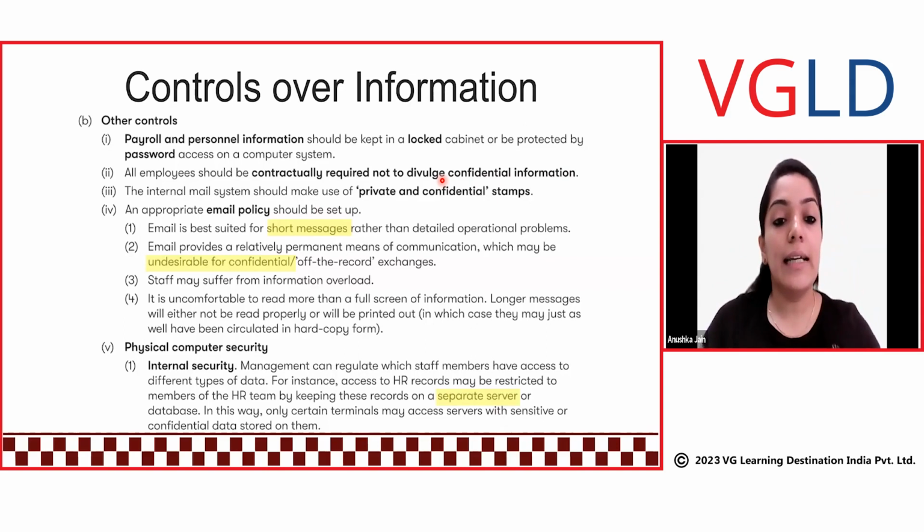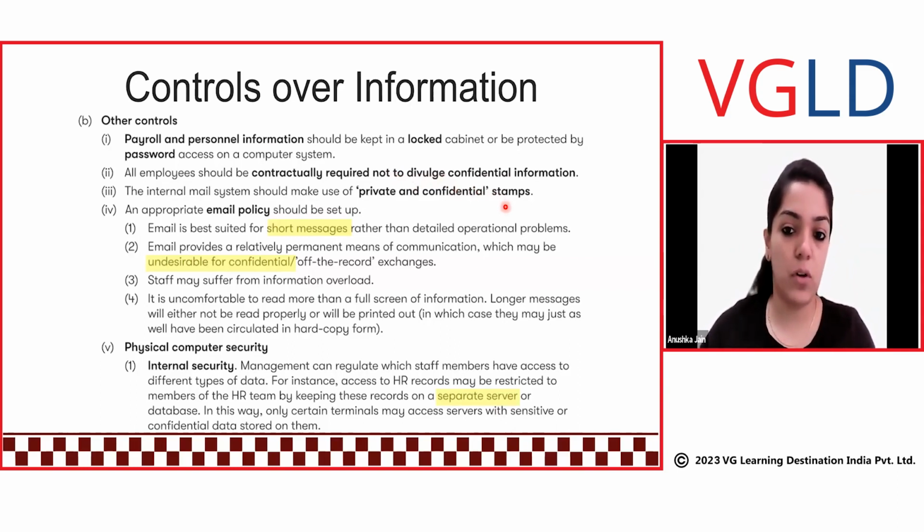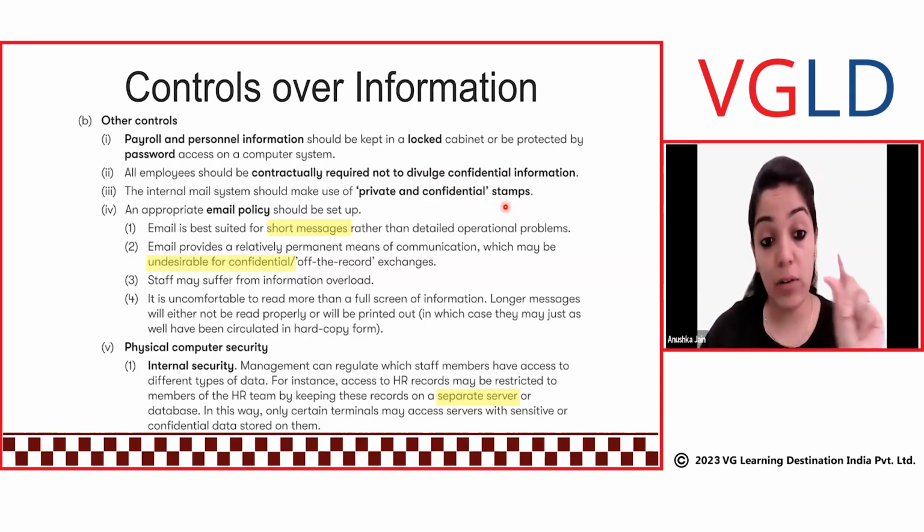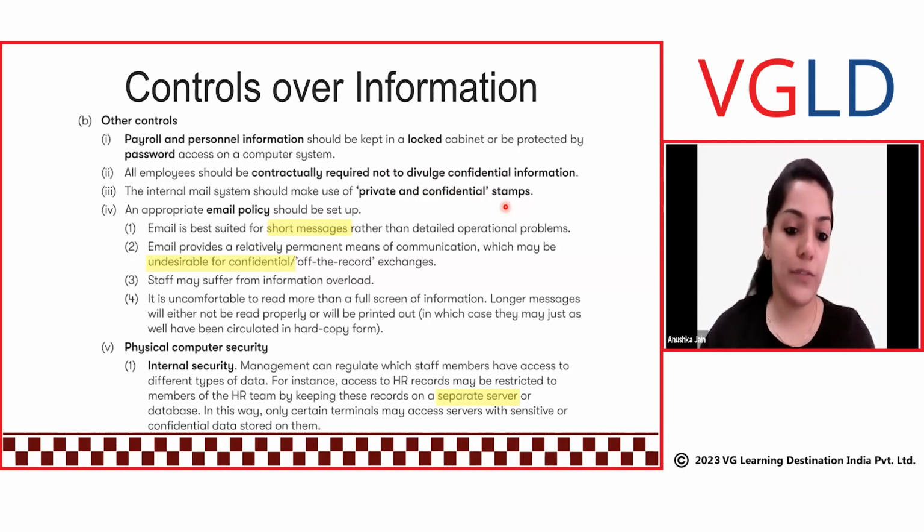Next, the internal mail system should make use of private and confidential stamps. Okay, this is pretty common. If you are writing an email that is confidential, you call it out at the top: private and confidential.